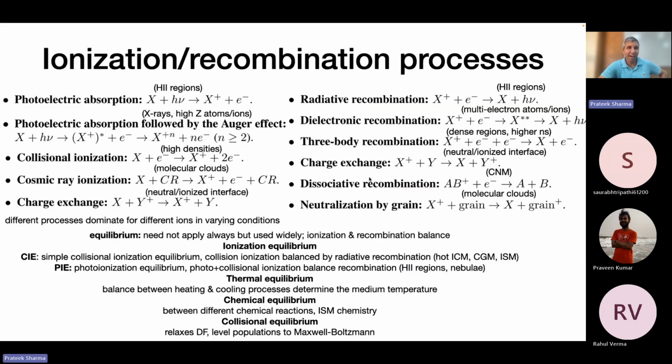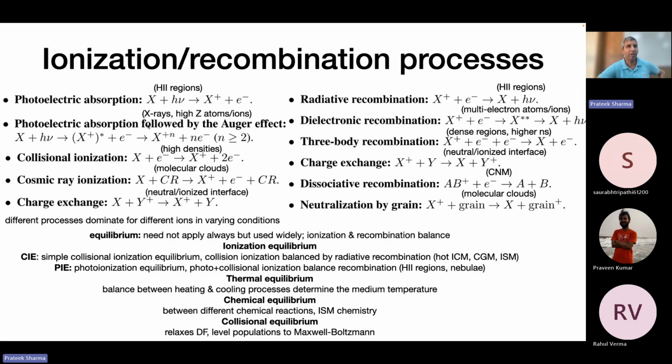Now, the atomic physics of ionization and recombination is quite rich; there are a lot of processes through which they can happen. In H2 regions, we talked about photoionization and radiative recombination. Those are the dominant processes, but there is a bunch of different processes which can ionize gas in different places. You have photoelectric absorption, which is what happens in H2 regions.